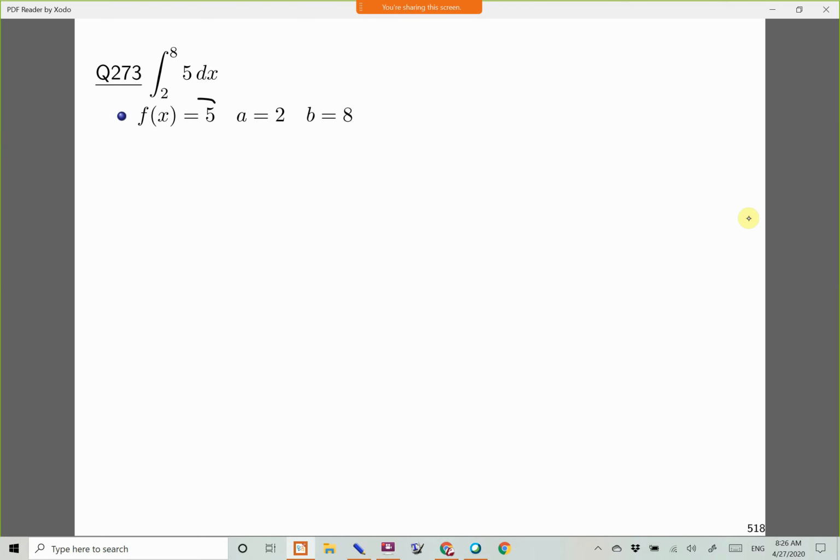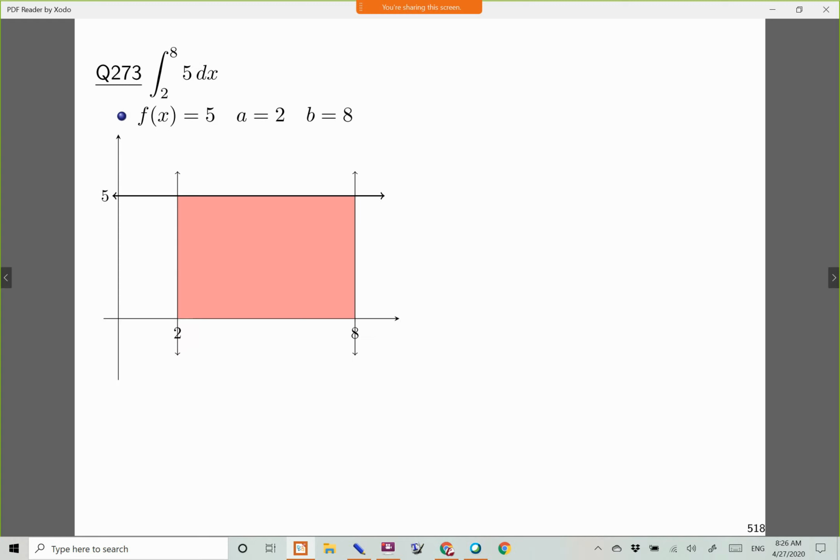Okay, so when you graph the function f of x equals 5, this is a constant function, meaning no matter what you use as your x value input, the output is always the number 5. So that's going to be a horizontal line. The y coordinate, the output, is always 5. So here's my x-axis, there's my y-axis, here's the graph of the function, completely horizontal line. And then we need to look at the region that's between the graph of the function.